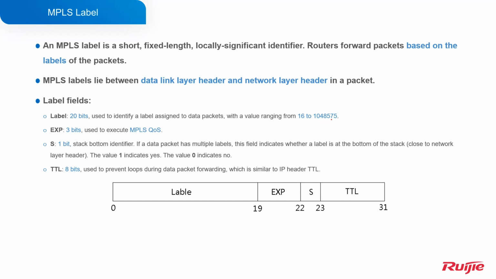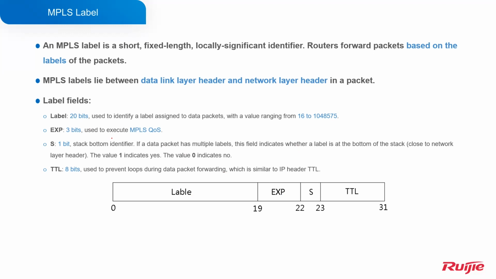If you have a distribution protocol like LDP, it can dynamically assign the label information, but the range is not from label 0 to label 15.